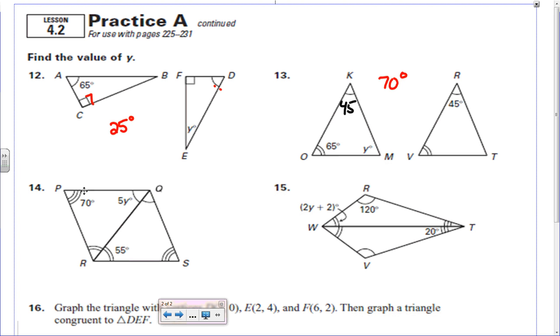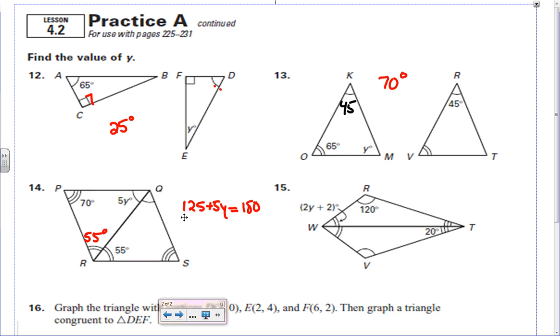Number 14, the three hoops. We have two hoops, which is 55. Now the 5y is in this triangle, so let's translate this 55 into this angle here. It gives you 55 plus 70 plus 5y. 55 plus 70 is 125 plus 5y equals 180.